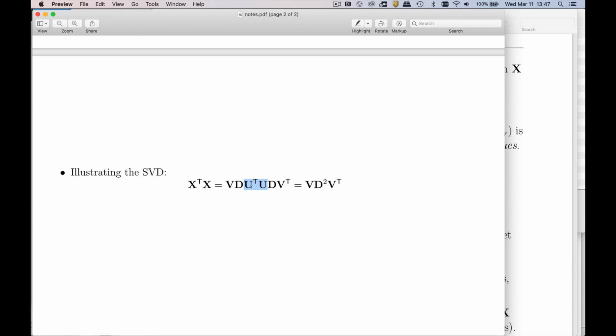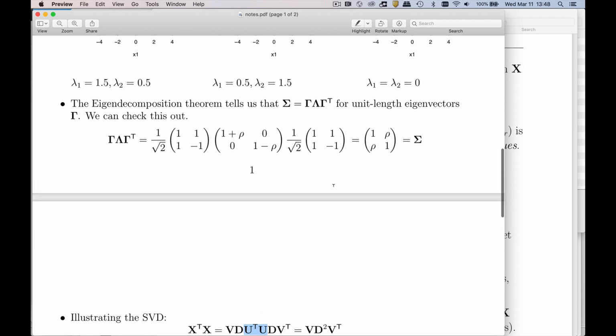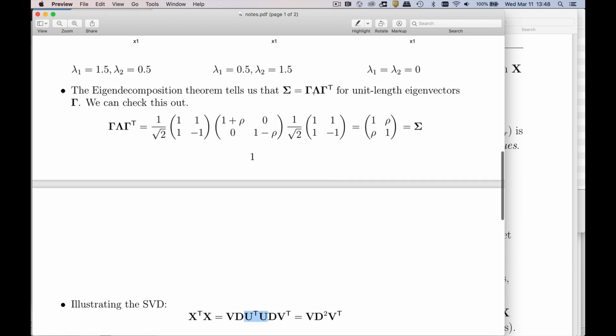Therefore, this is just V times D squared, so D times itself. I've got two D's sitting here, and then V transpose. But does this look familiar? And the answer is, well, yeah, it looks exactly like the eigendecomposition. So these singular values in the D are just the square roots of the eigenvalues, and these V's are the eigenvectors.